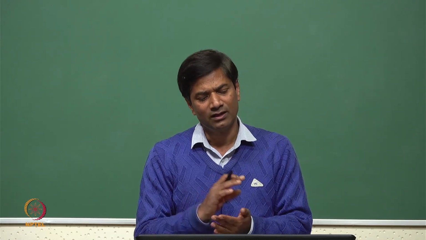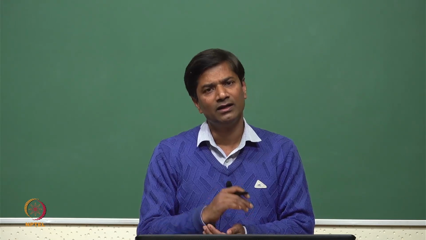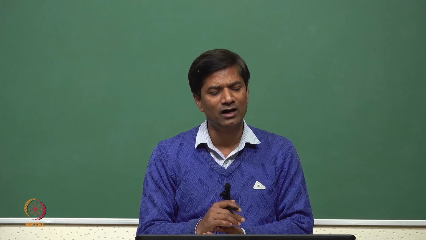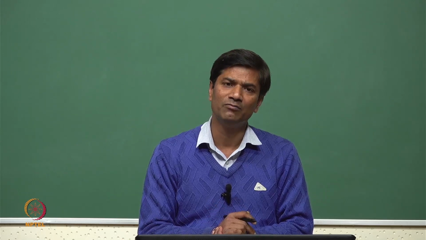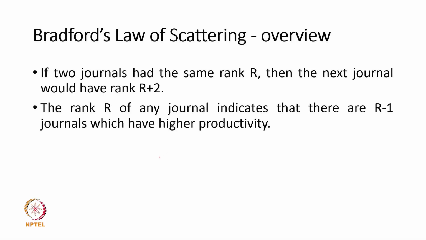That means the rank R of any journal indicates that there are R minus 1 journals which have higher productivity. For example, at 25th rank we have a journal having the contribution of 18 articles.